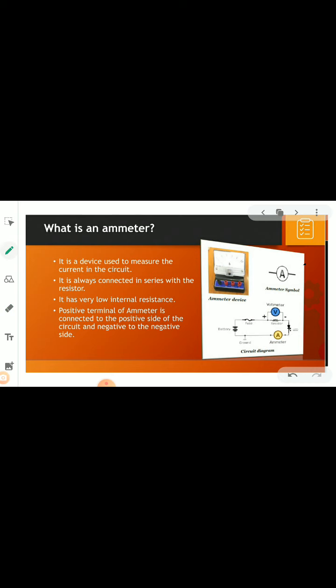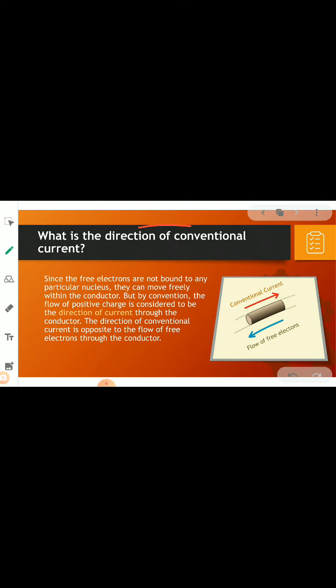Now let us move on to the last topic of today's class, that is, what is the direction of conventional current? You have studied the flow of electron. What is electric current? The flow of electron, flow of free electron. Here, in a particular direction it was told, right?